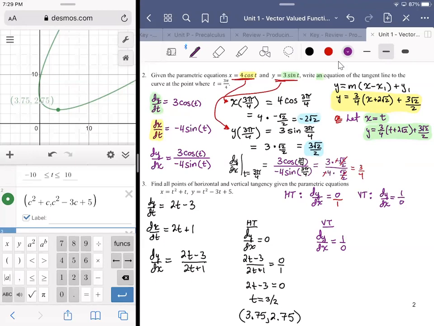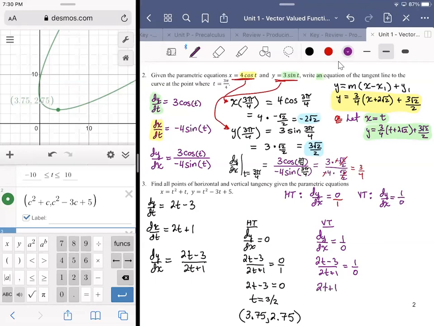So dy/dx is equal to 1 over 0. So 2t minus 3, 2t plus 1. And actually, if you look up the definition of algebra, you see that not a lot of the stuff that you do in an algebra class technically fits the definition of algebra. But that's enough of that.